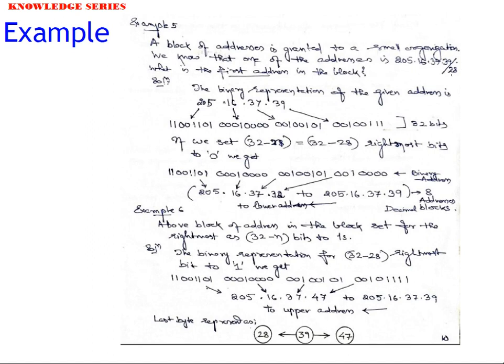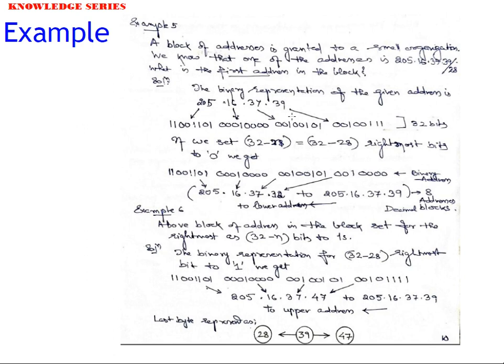To identify the first address, you have to subtract the value of n from 32. Here, any IP address slash n is given, so n is 28, and 32 minus 28 is equal to 4. 4 indicates that you have 4 bits, the rightmost bits, and they should be set equal to 0.